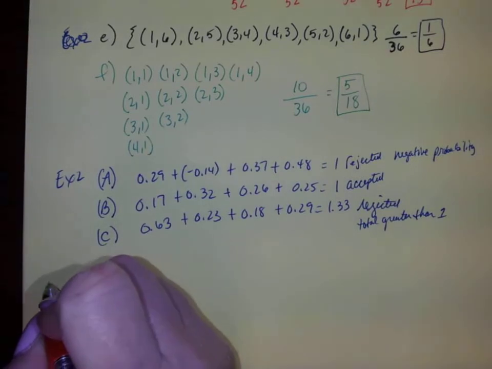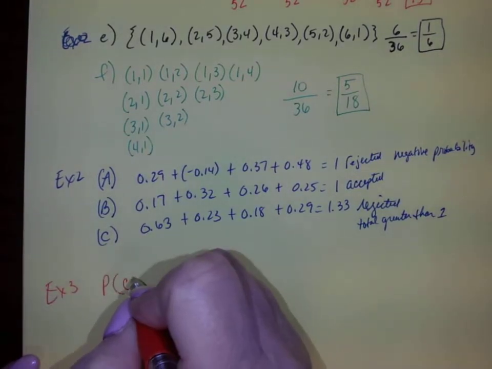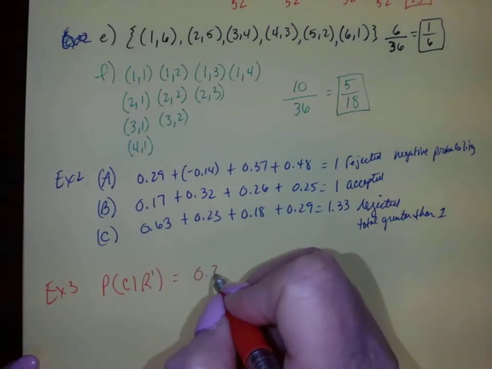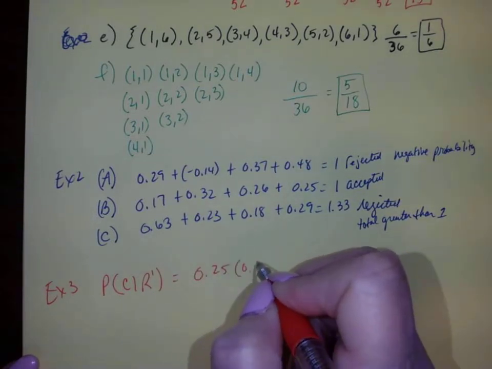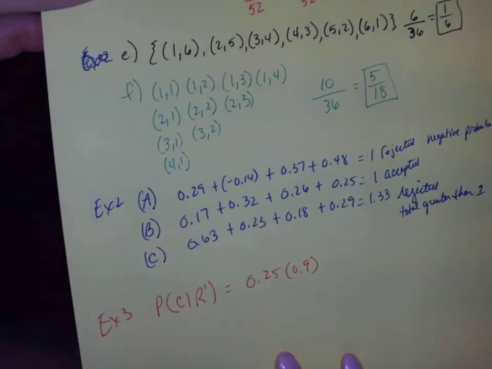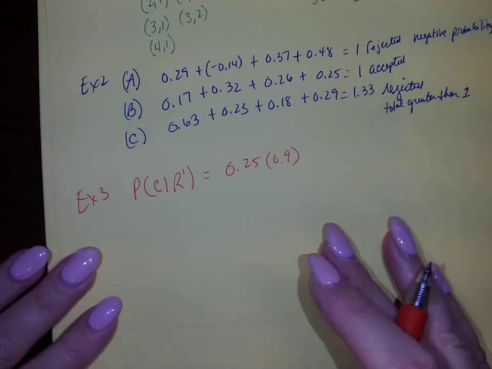Look at example 3. So the probability of C, given that R complement occurred, will be 0.25 times 0.9 on the top of our fraction. All right.